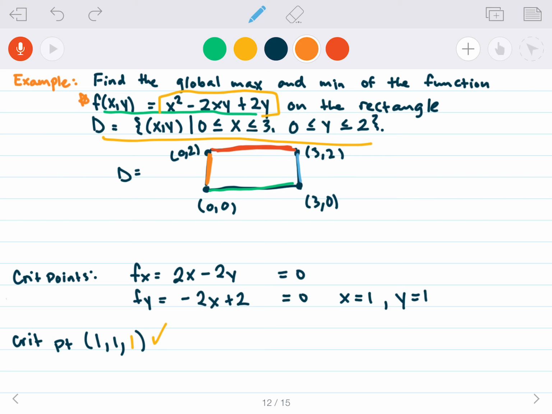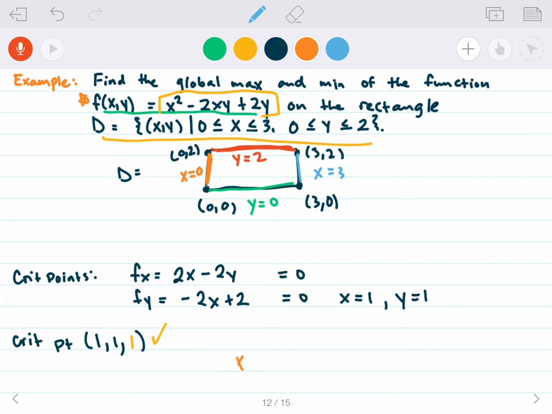Well, that's just a vertical line segment, x is equal to 0. What about the green? The green is a horizontal line segment. That is going to be y is equal to 0. The red segment is going to be y is equal to 2. It's just a horizontal line. The blue segment is going to be x is equal to 3. So we need to check each of these.